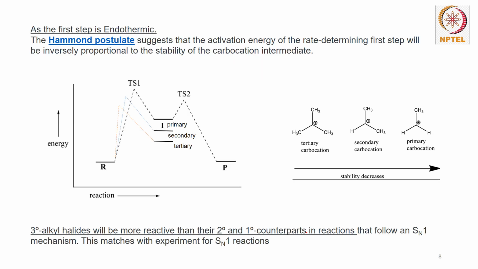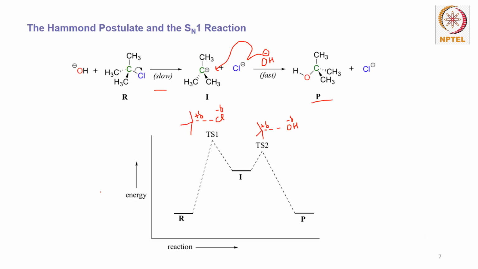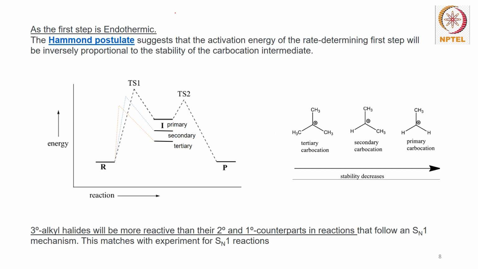Now if we apply our Hammond postulate in this case, we can consider the first step as the rate determining step of our reaction. This is endothermic in nature. And we know the endothermic energy profile diagram, where the substrate will be lower than the product.